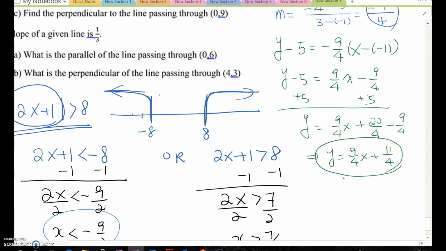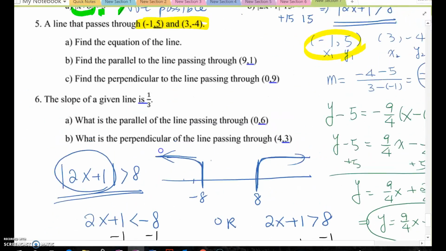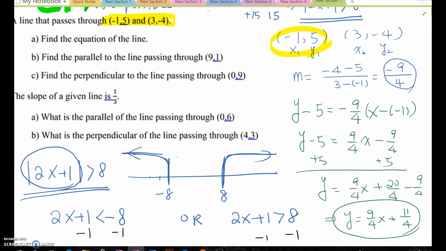Okay? Alright then. Now what's the second question? Find the parallel to the line passing through 9 and 1. So what's the key concept of parallel lines? Yes, parallel lines have exactly the same slope.